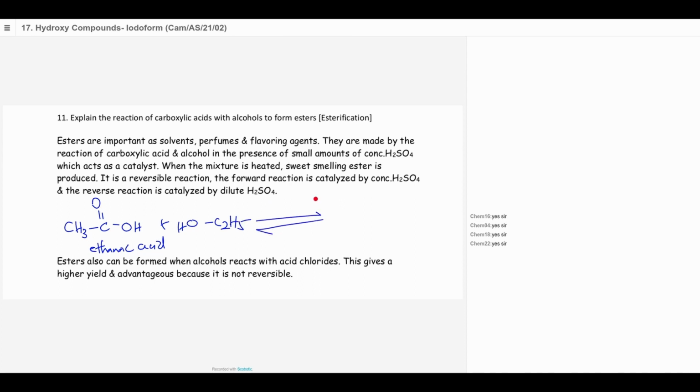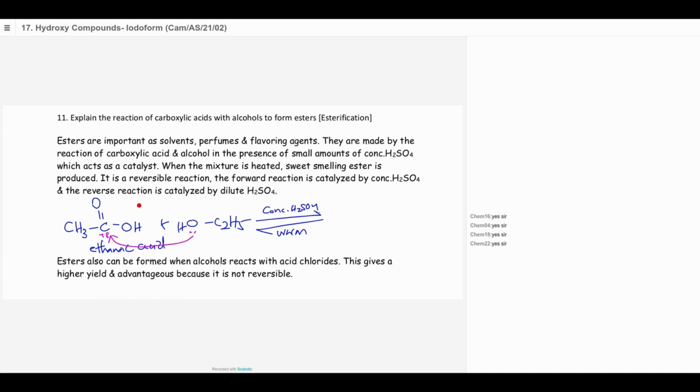This reaction is a reversible reaction where the forward reaction is catalyzed by concentrated sulfuric acid. And when you mix them, what happens is that a condensation reaction takes place. This alcohol, the oxygen, of course, the mechanism is not in the syllabus, but you should know why it's condensation. The lone pair on the oxygen attacks the positive carbon, right?